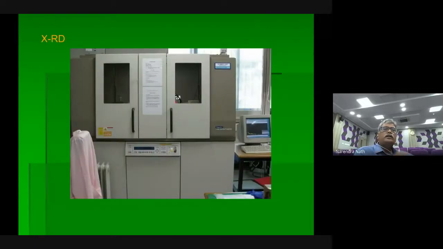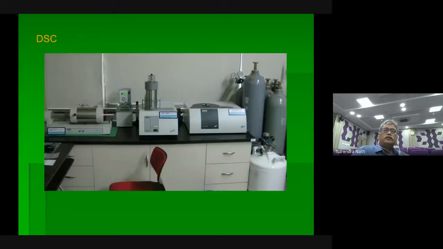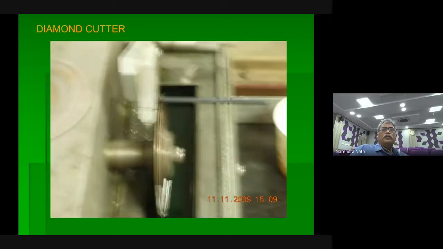And this is the XRD, everybody knows this XRD machine. And this is differential scanning calorimetry. And this is the diamond cutter. This is the material. We used to take out a 20 milligram flat sample for DSC, a small flat one, with low speed cutting.